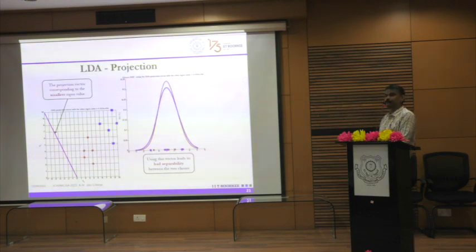If I rotate this line to the x-axis and project these points, I can find the scatter and take the Gaussian curve, red and blue, for these data points. This is for the eigenvector corresponding to the smallest eigenvalue. But here I see the classes are not being separated.